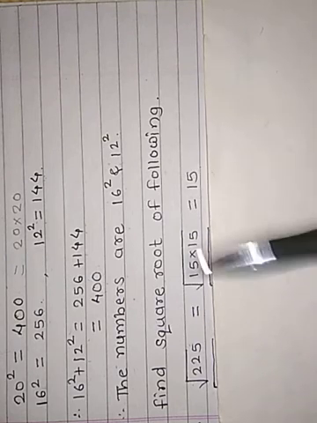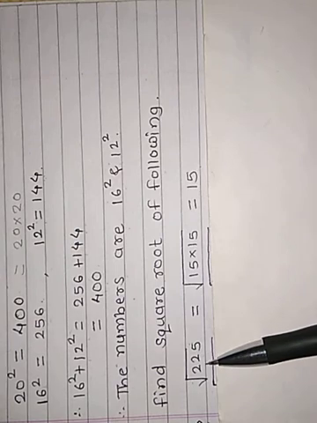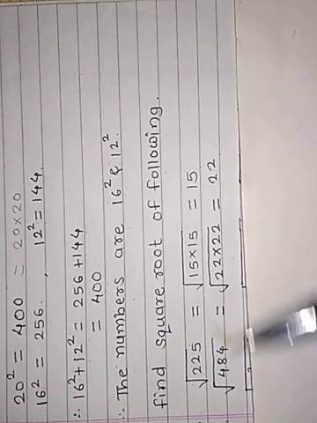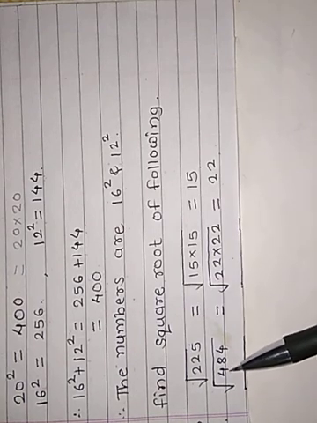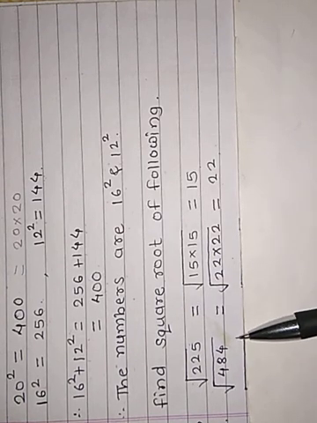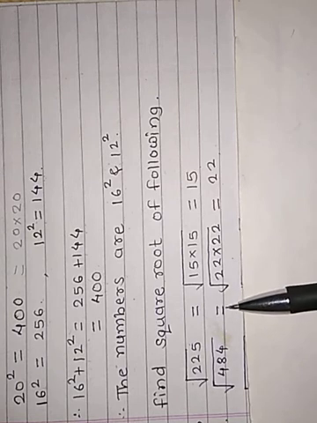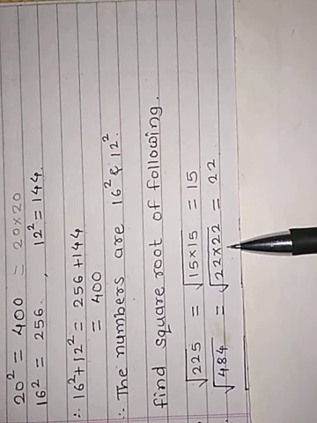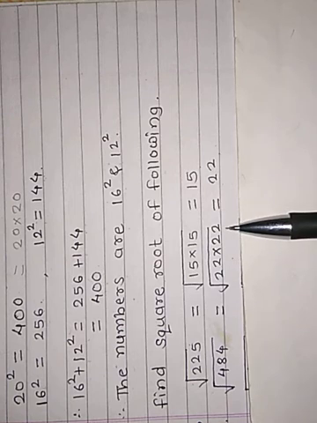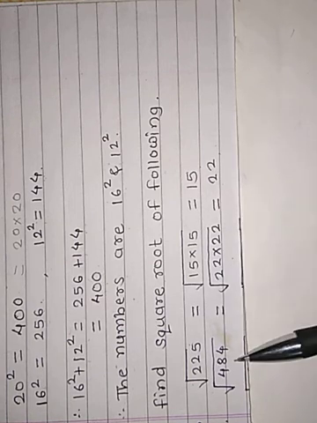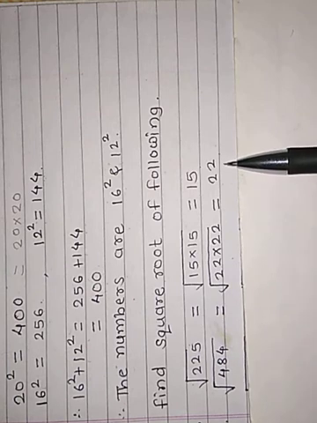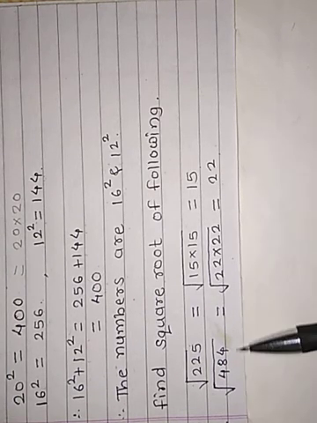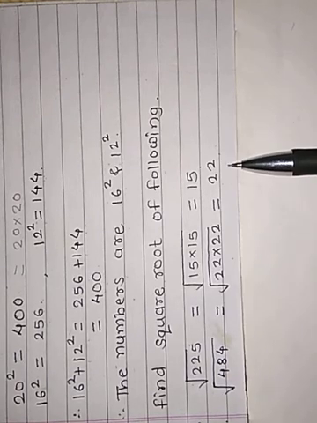So the square root of 225 is equal to 15. Similarly, see here, square root of 484. How can we find it? It will be 22 into 22. So the square root of 484 is 22.